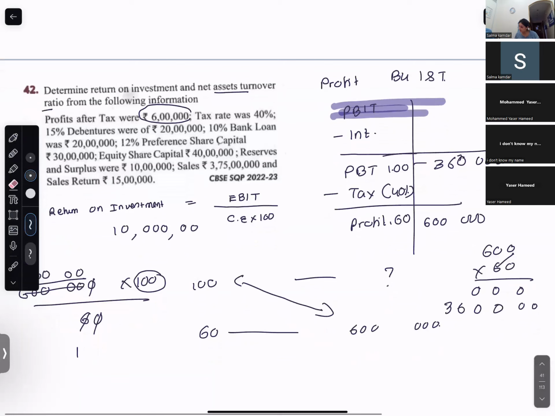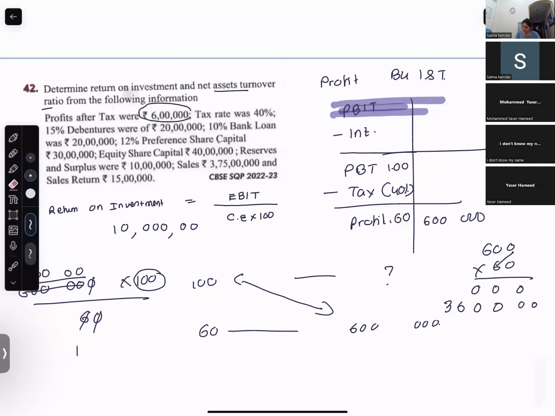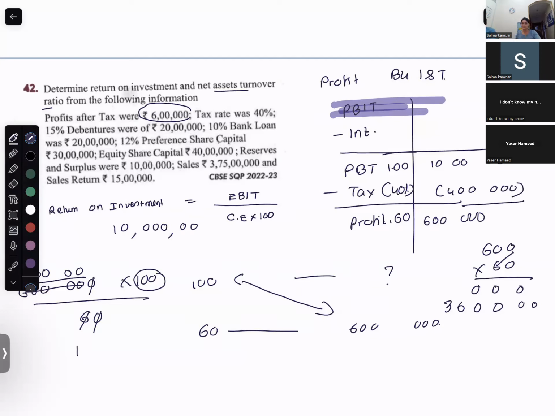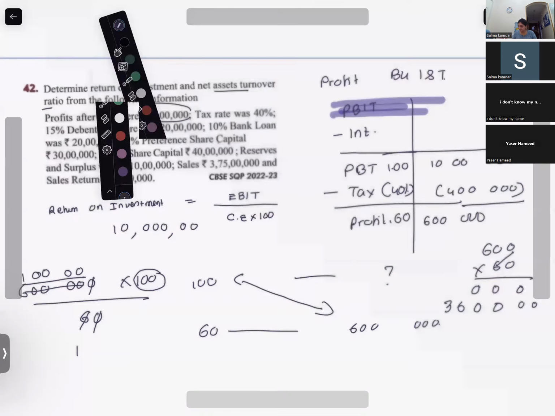So my profit before tax is how much? 10 lakh. 40% tax will become how much? 4 lakh, 400,000. Okay.